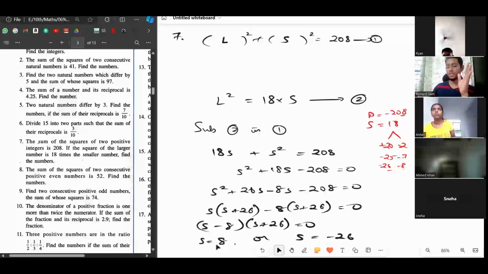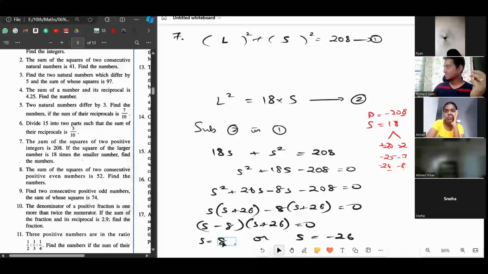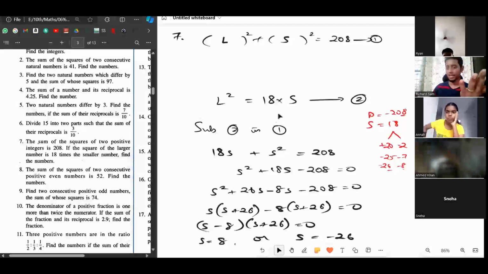Now, which value should we take? Should we take 8 or minus 26, or can we take both? The question says sum of squares of two positive integers. So it cannot be minus 26 because that is not positive. So we have to take s as 8. Then you substitute s in either the first or second equation. It's easier to substitute in the second equation.